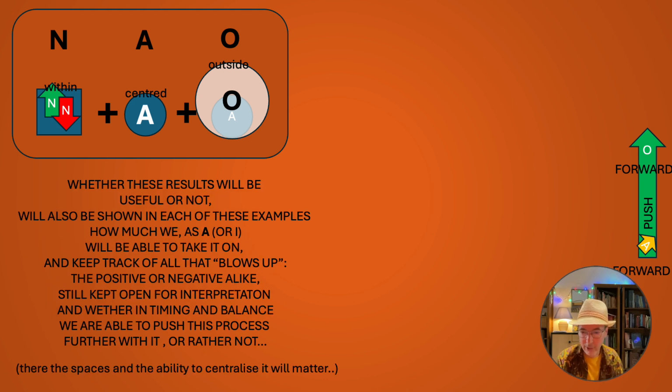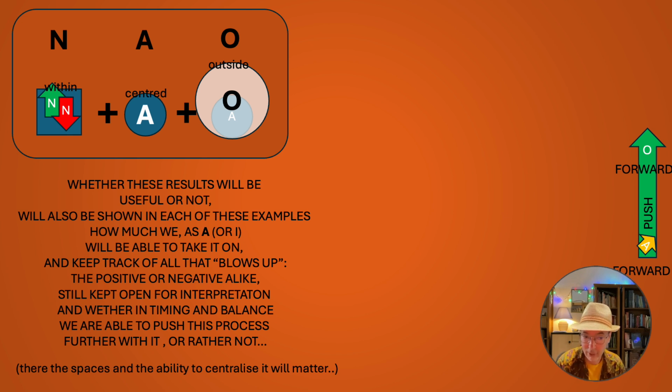And whether these results will be useful or not will be shown in later examples. How much we, via the letter A or I, will also be able to take it onwards, continue it, keep track of all those things that have been blown up in positive and negative alike.